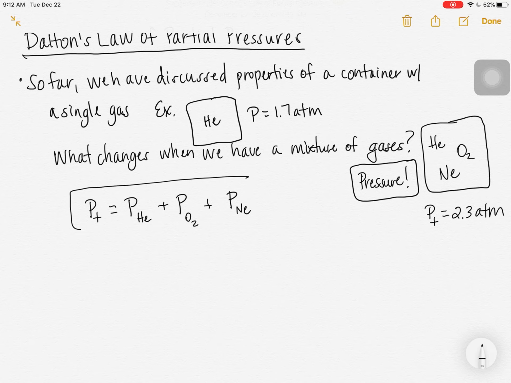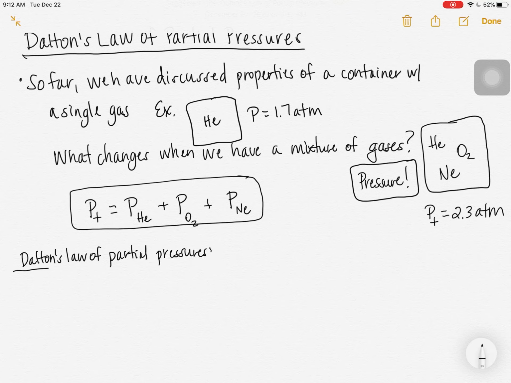So this idea is named Dalton's law of partial pressures. So what Dalton said, let me write this real quick.